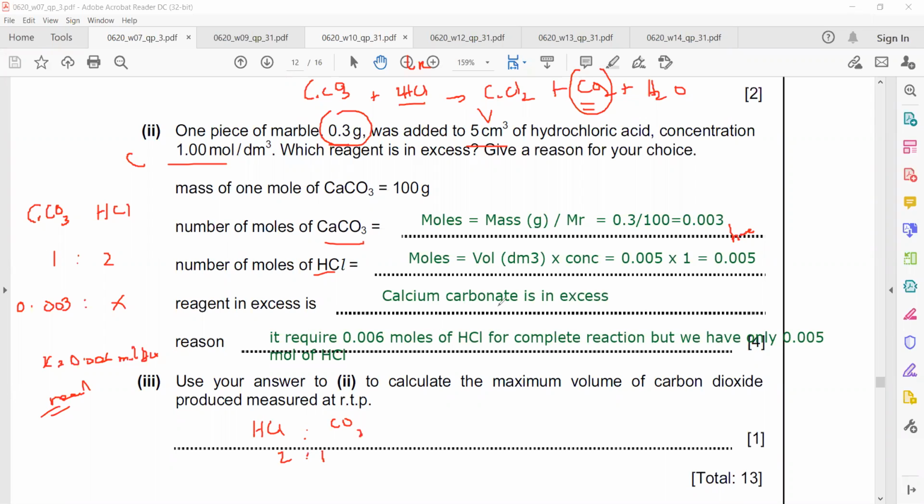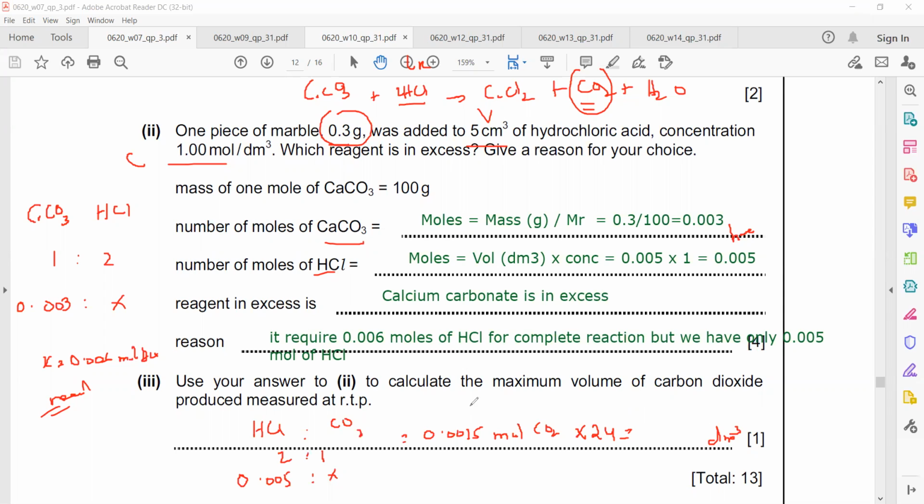How many moles of HCl do we have? We have 0.005. Then what will be the value for moles of carbon dioxide? 0.005 divided by 2, so 0.0025. These are the moles of carbon dioxide, but we need a volume, so we multiply by 24.